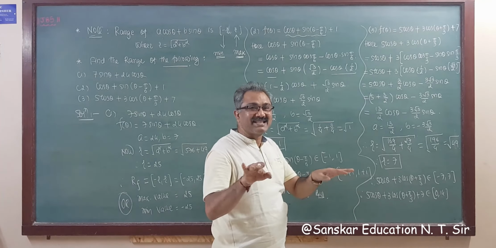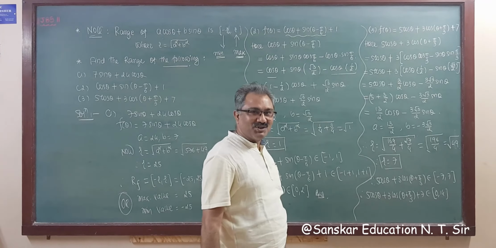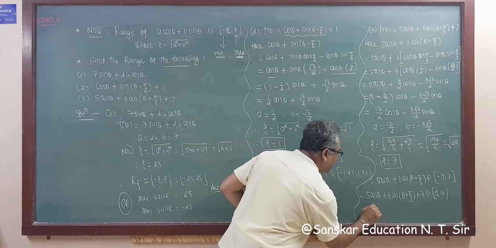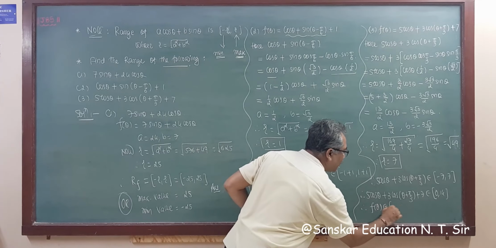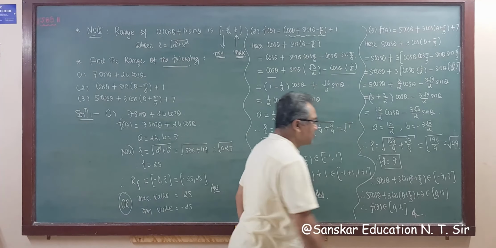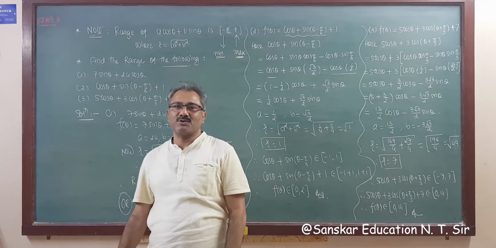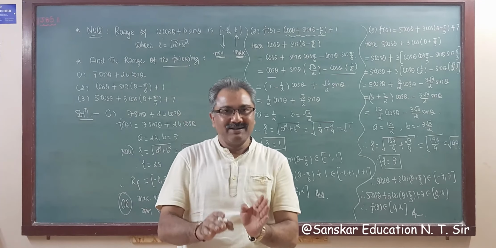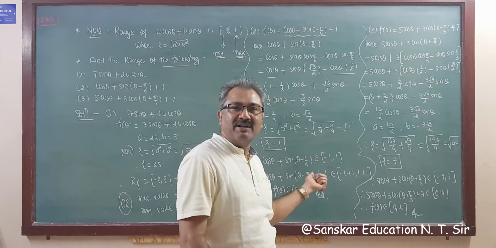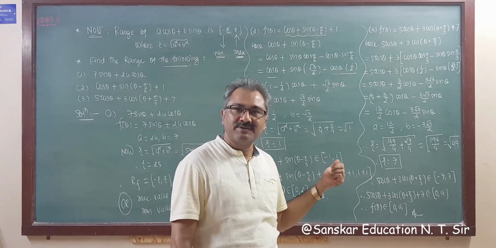Now you are not a child, right? Now you have grown up. Okay. So f theta belongs to, the answer is 0 to 14. So this is your answer. The range of the function is the closed interval 0 to 14, or the maximum value of the function is 14 and the minimum value is 0. Got it?